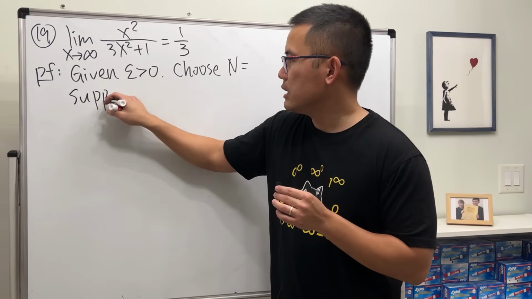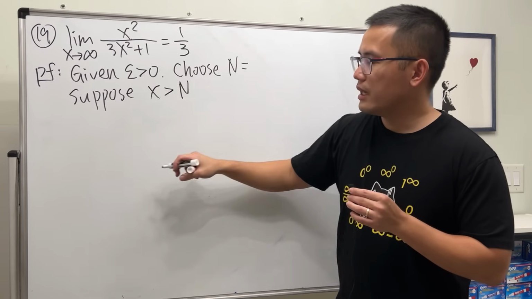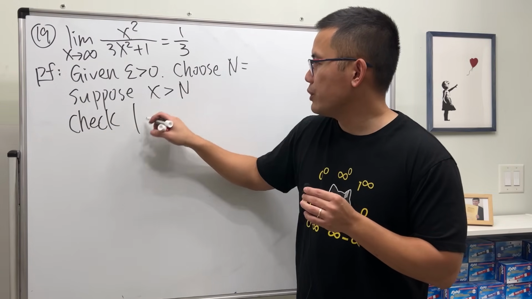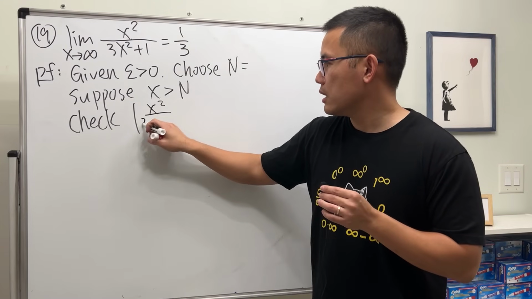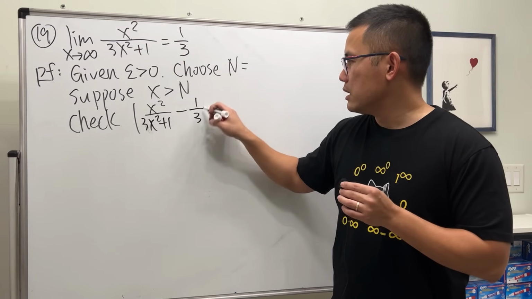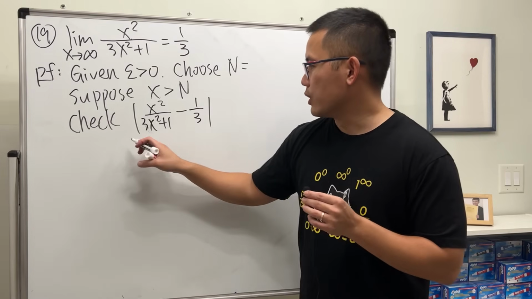Suppose x is greater than n, and then we want to show that the distance between our function and the limit, hopefully this is less than epsilon. All right, so let's just work this out.